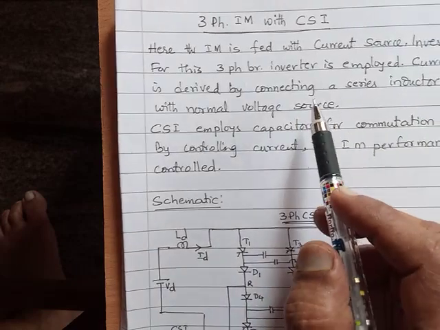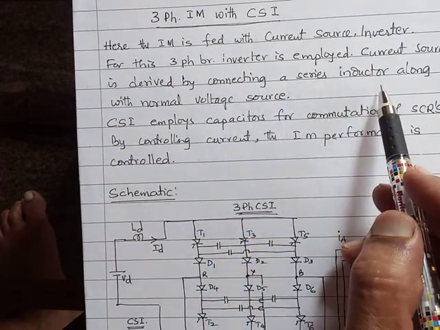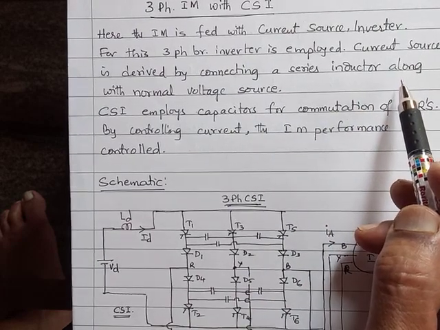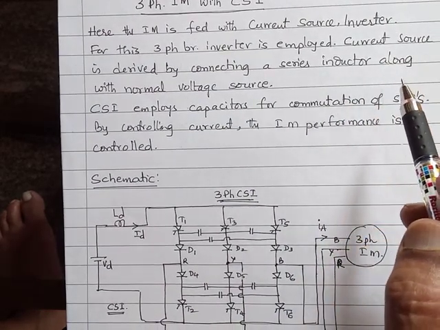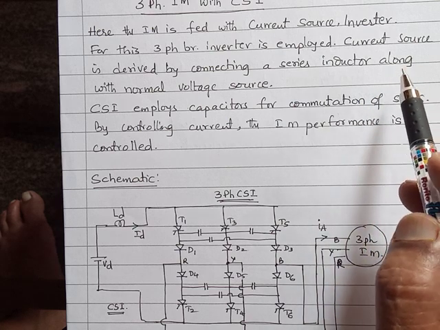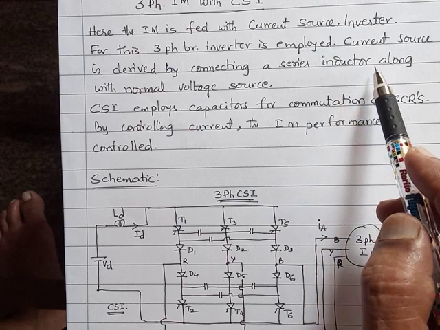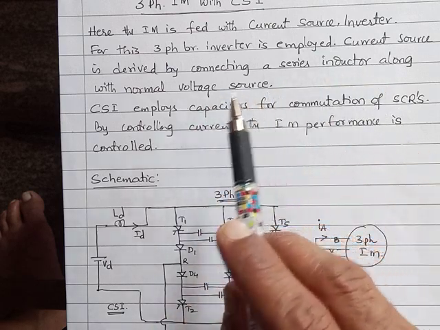So here the current source is derived by connecting a series inductor. It could have been a resistor also, but a resistor results in a lot of loss, I square R loss. Hence, normally we go for an inductor in series with the voltage source.